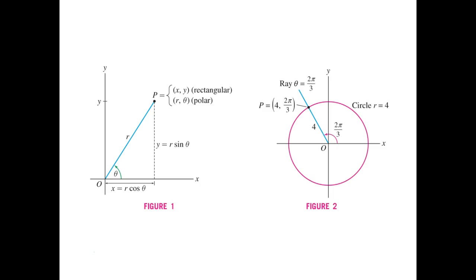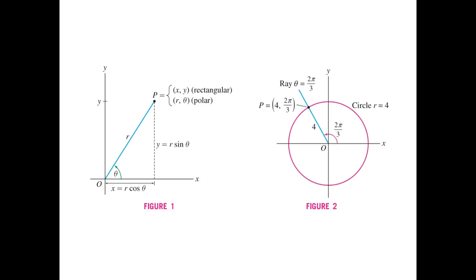We call that r. And then the angular distance from the initial place, your positive x-axis, that's your theta. So this point can be described as (x, y) in rectangular coordinates, or (r, theta) in polar coordinates. Same point.